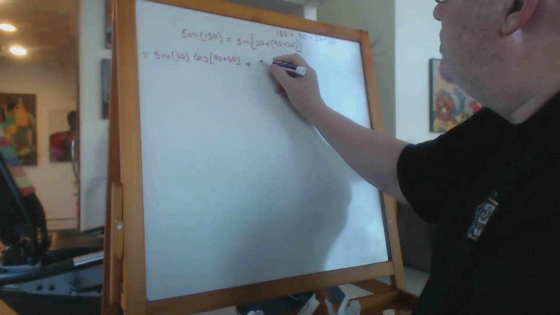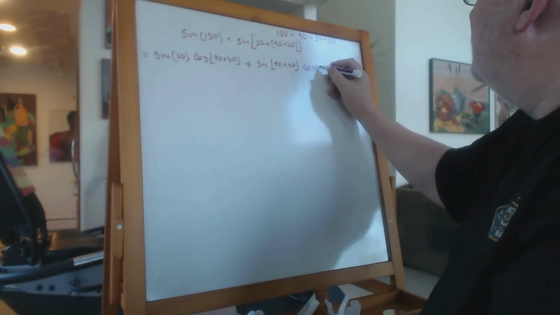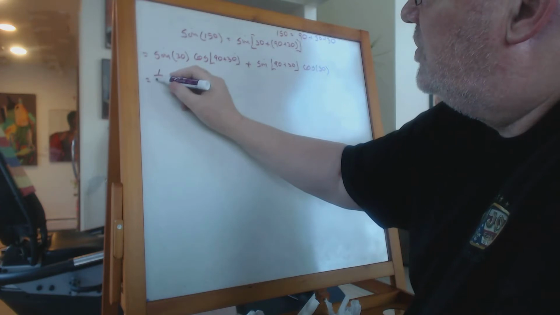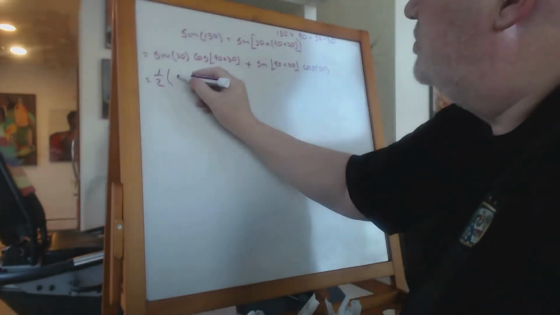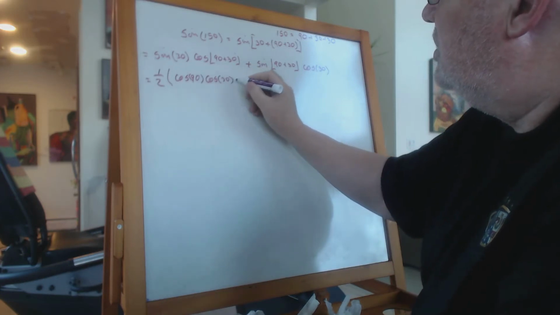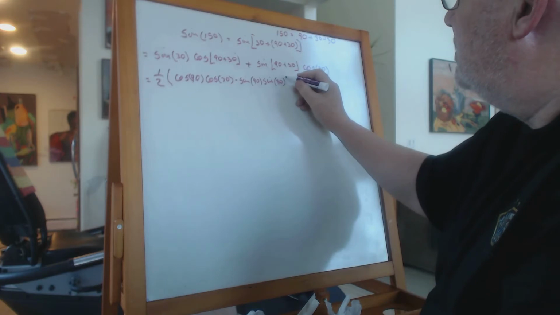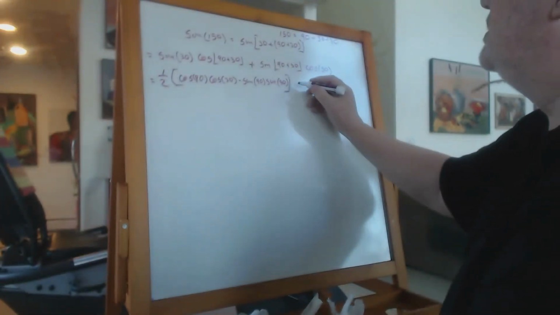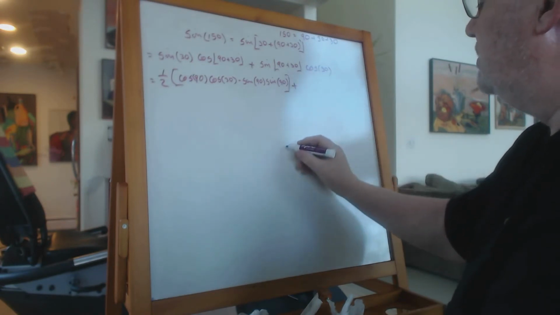plus sine of 90 plus 30 cosine of 30. And we know that the sine of 30 is equal to 1/2, and that leaves us with the double angle formula for the cosine, so that's cosine 90 cosine 30 minus sine 90 sine 30, make that a square bracket, plus, and that is this, see, cosine 30.